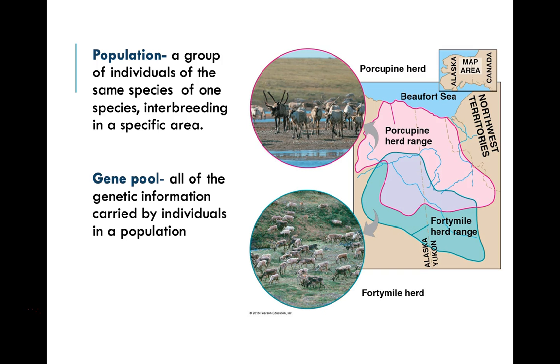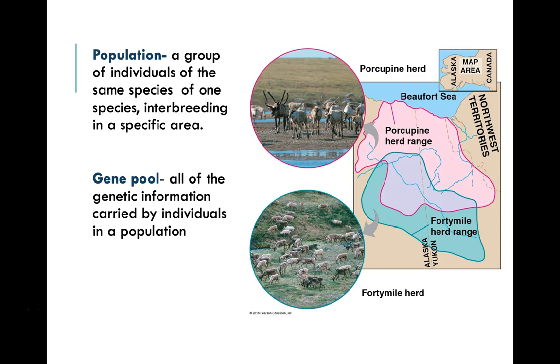So our study of microevolution and changes in a population really depends on how we define a population. A population is strictly defined as a group of individuals of the same species interbreeding in a specific area.